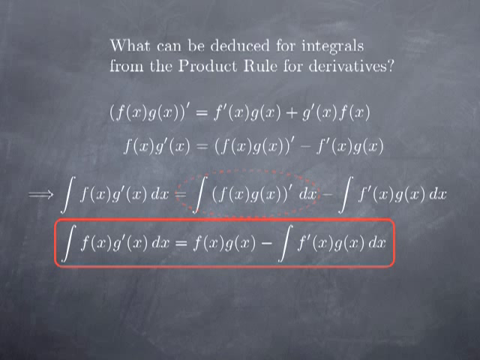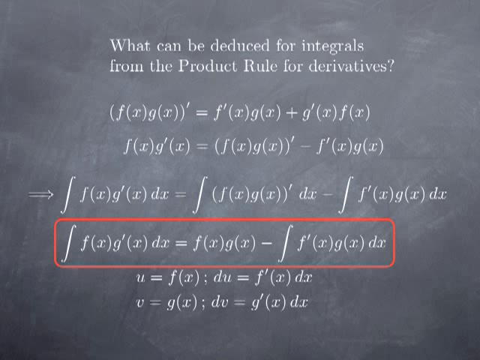So we can replace that term by f times g and we obtain what we will call the integration by parts formula, which is that the integral of f times g prime is equal to f times g minus the integral of f prime g. Now we are often going to rewrite that formula slightly differently in a form that is a little bit easier to remember.